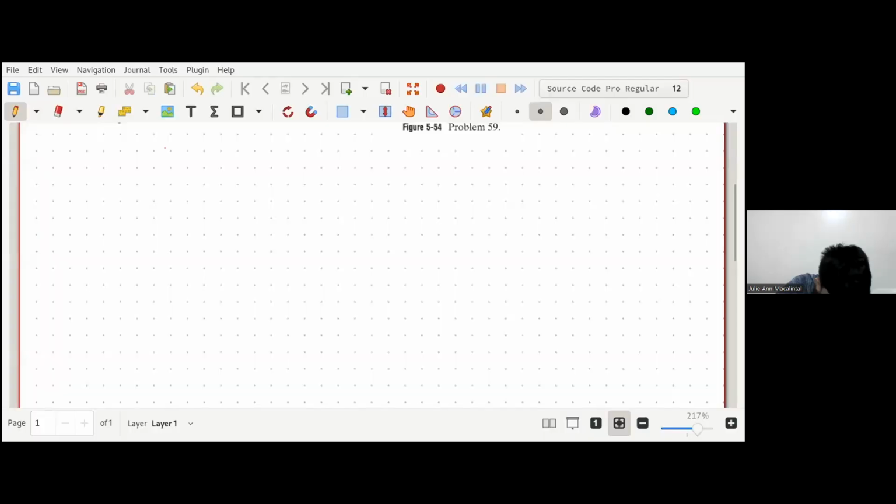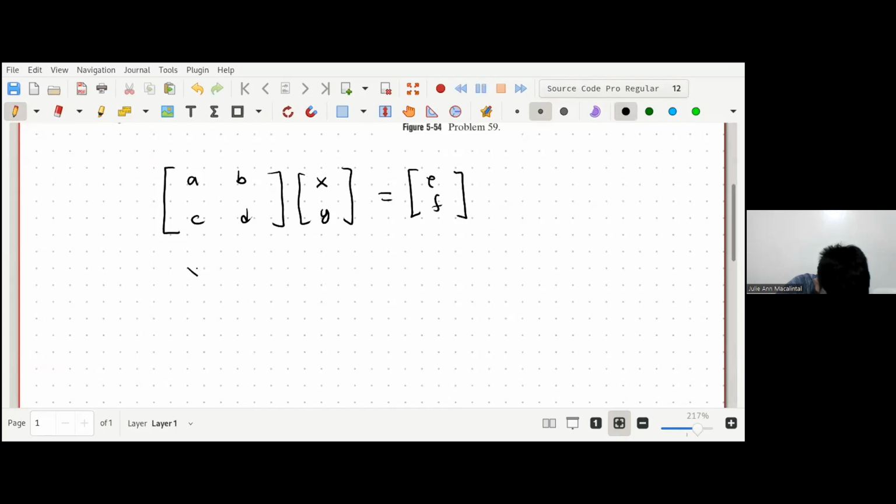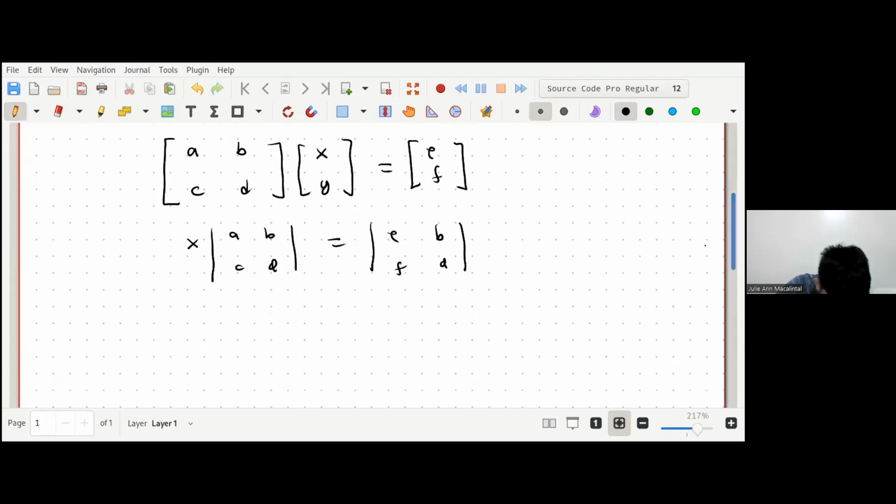So, let's say meron kang system of two equations with two unknowns. So, A, B, C, D. Tapos yung unknowns natin, X, Y. And then that's equal to E, F. To solve for X, the determinant of A, B, C, D times X is equal to E, F, B, D. And then X is, so yung determinant nito ay AD minus BC.